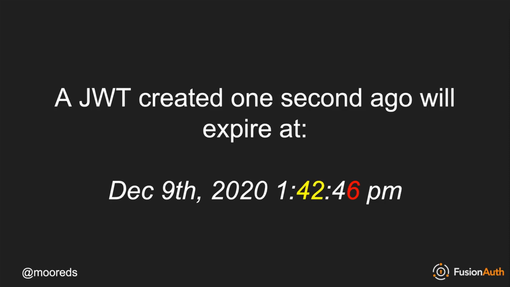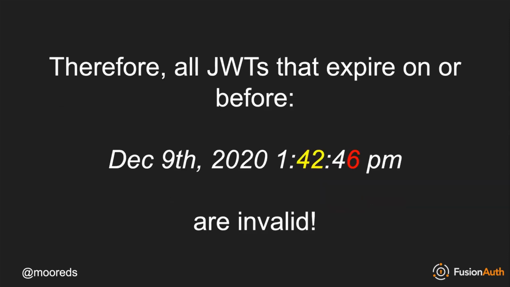So a JWT created just before I log out would expire at 1:42:46. That means that because I've logged out, any JWT that expires before 1:42:46 is invalid. So that's what I want to store in that deny list. It's not just the subject of the JWT, but also the expiration time before which a JWT should be invalid.